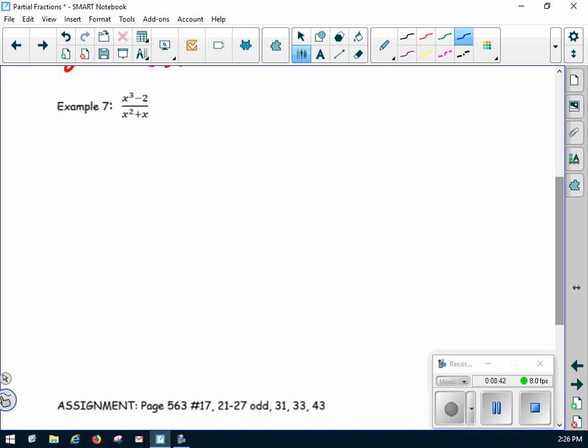What's the degree of the numerator? Well, yep. The degree of the numerator is bigger than the degree of the denominator, so what? Yeah, we have to do long division. This one's not as long as the last one we did, though, is it? But it's still long division.